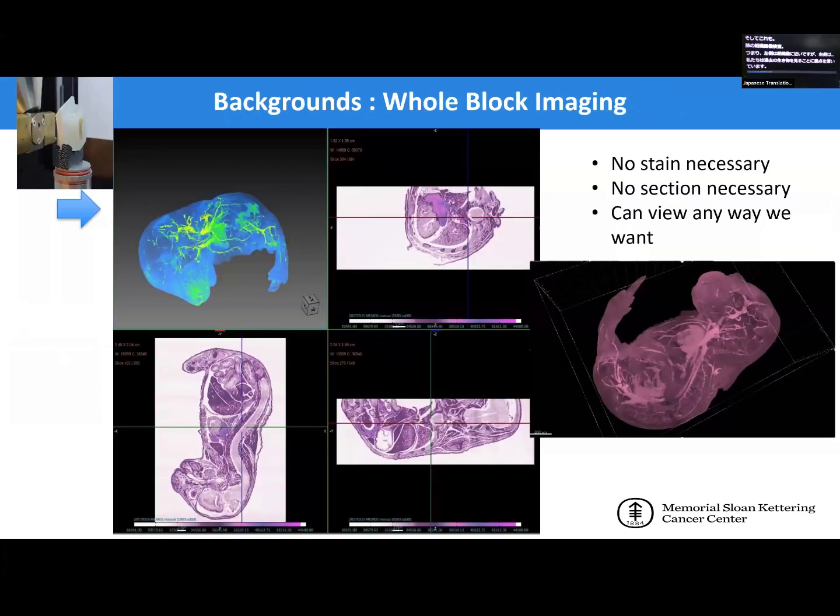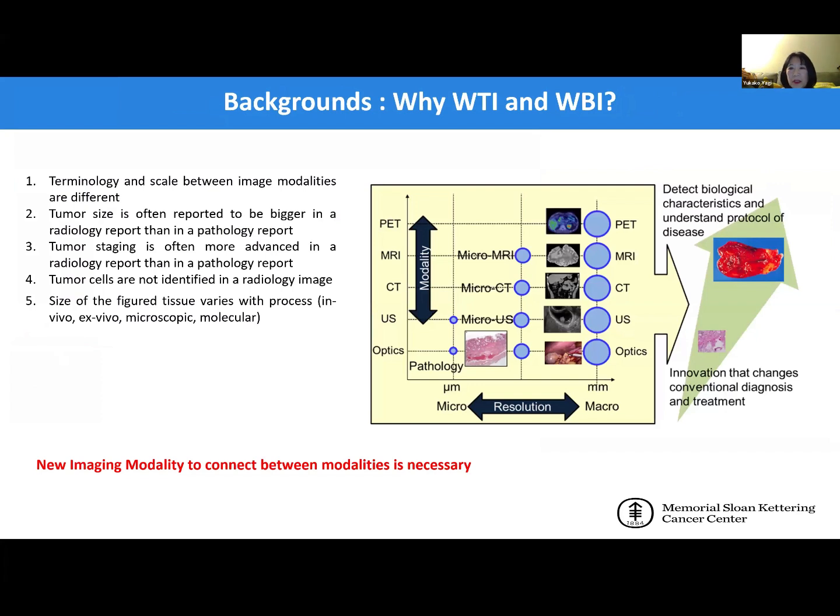And this is whole block imaging. We scan the entire block, just scanning. The good thing is we don't need to stain, we don't need to section, and we can view it any way we want, like a more histology-type image or a radiology type of image. And why do we need whole tissue imaging and whole block imaging?